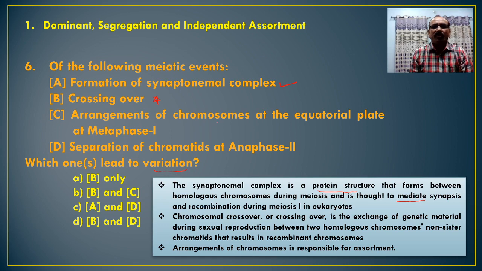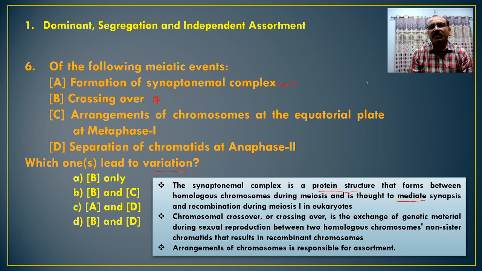Then the arrangement of chromosomes at the equatorial plate at metaphase. Earlier I said that when chromosomes are arranged at metaphase 1, that determines the separation or assortment of the chromosomes, and this independent assortment is one of the factors for the combination of the different characters present on different chromosomes.